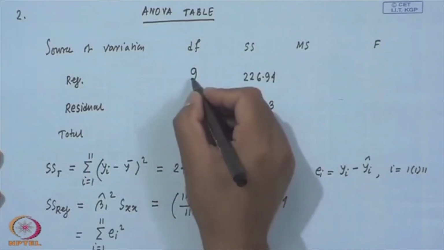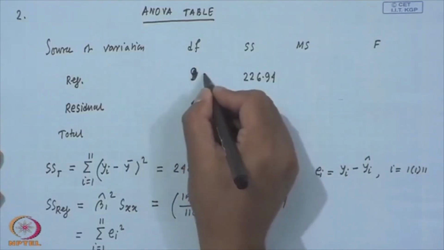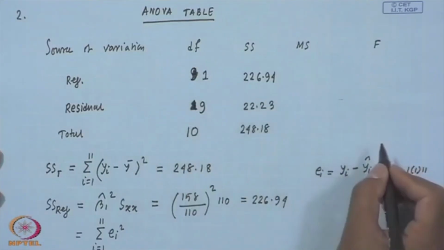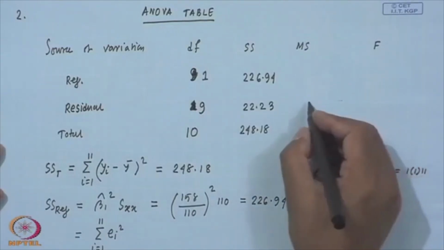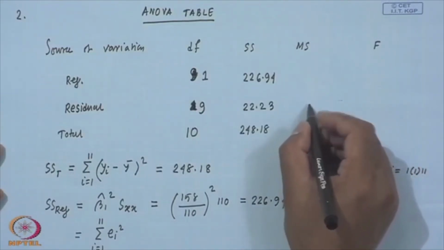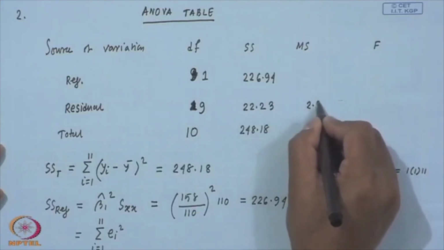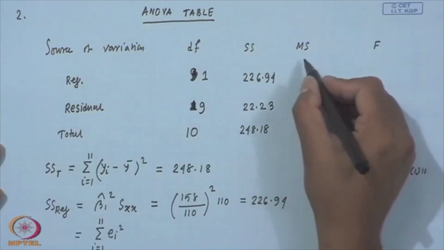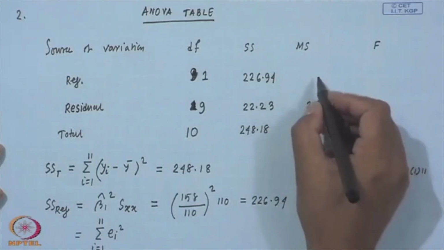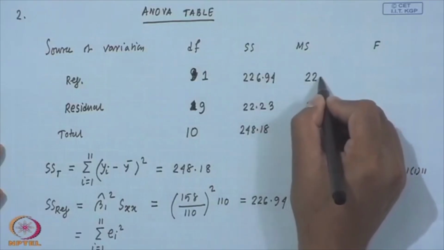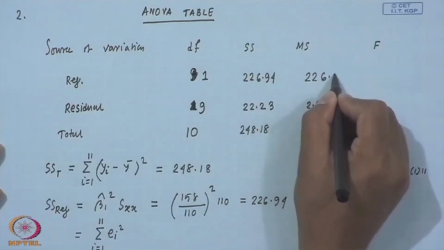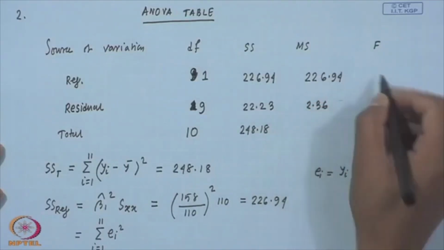So, this is the residual degree of freedom, and the regression degree of freedom is equal to 1. Okay. So, the MS residual is SS residual by the degree of freedom, that is 2.36, and the MS regression is SS regression by degree of freedom, that is 226.94.